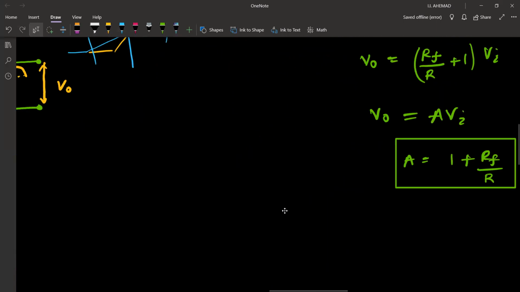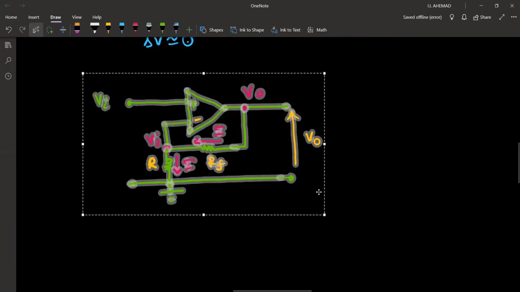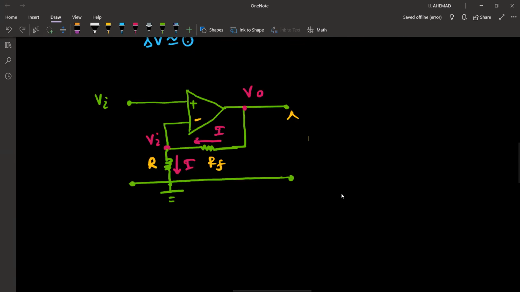So this is the non-inverting amplifier. Here we provide the input to this terminal, a small input.